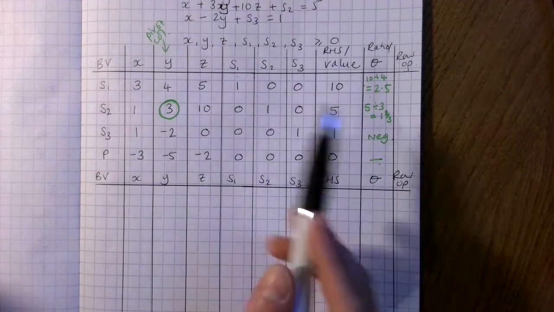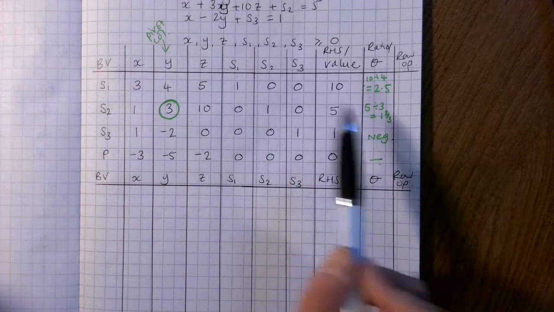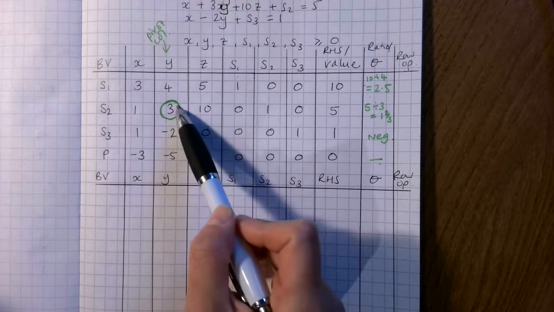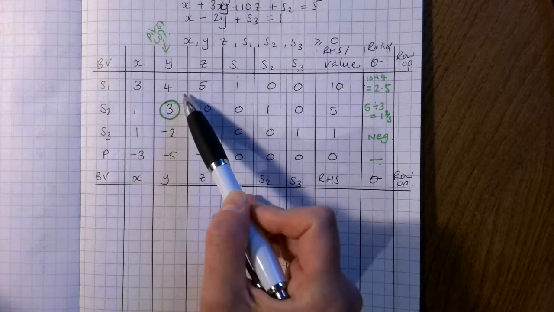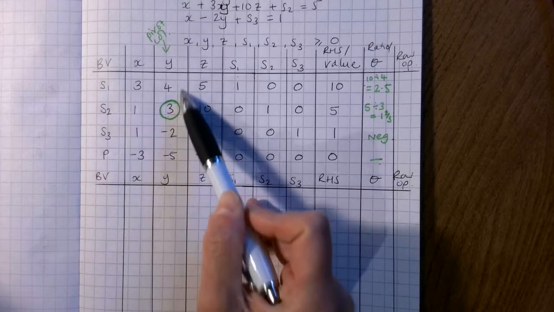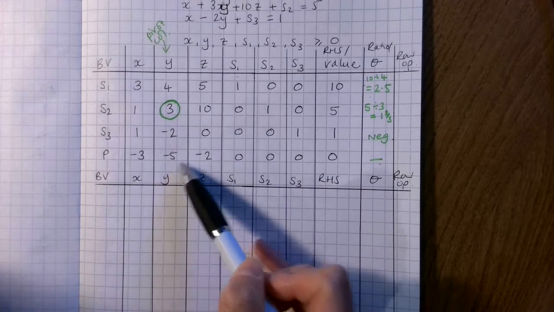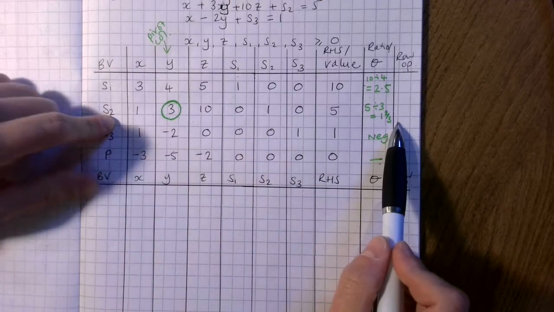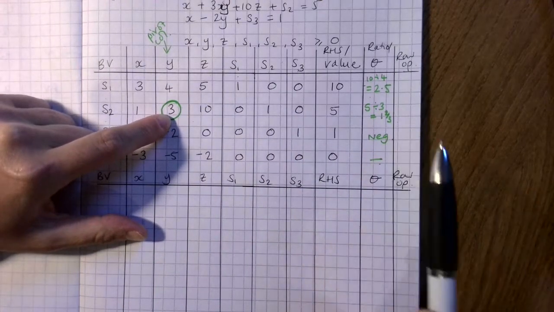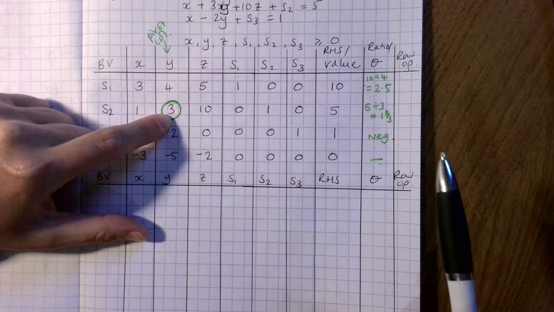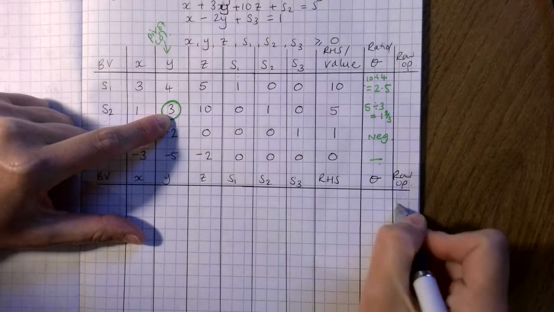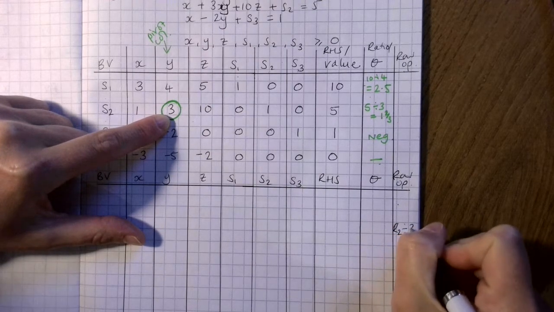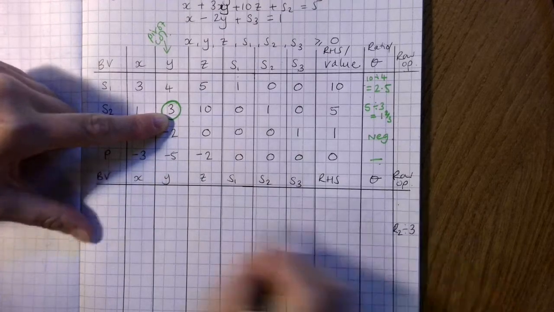To continue, we want to make the pivot element a 1, and then every other element in that column has to be a 0. It's always easiest to start with the pivot row. So we'd want to divide this whole row by 3. I'll put the row operation here: row 2 divided by 3.